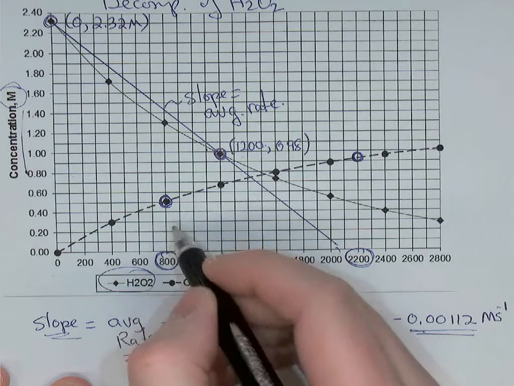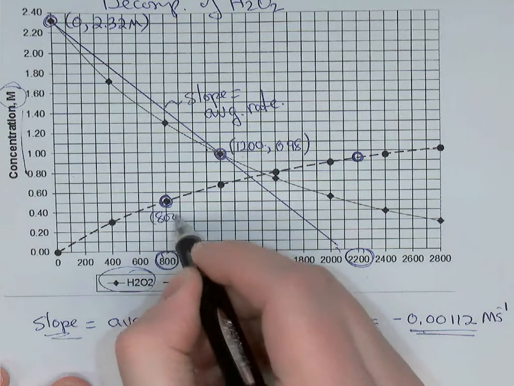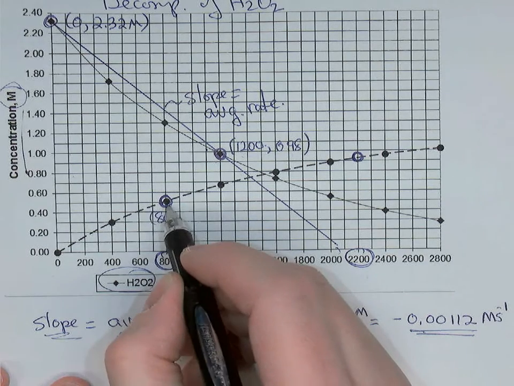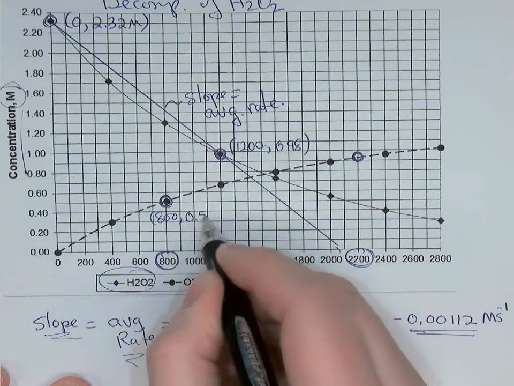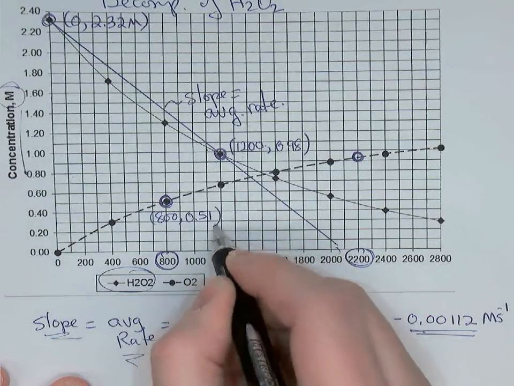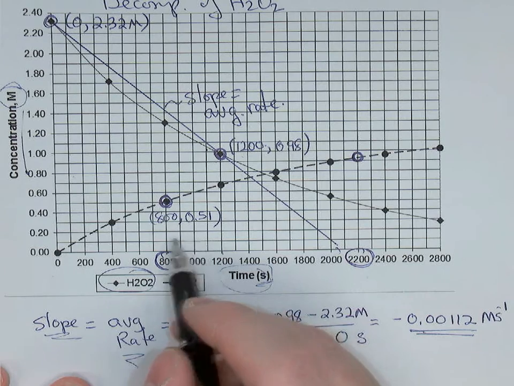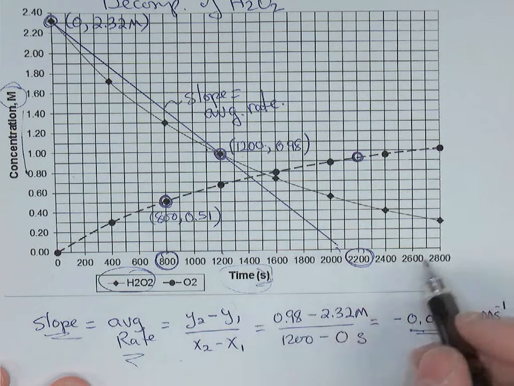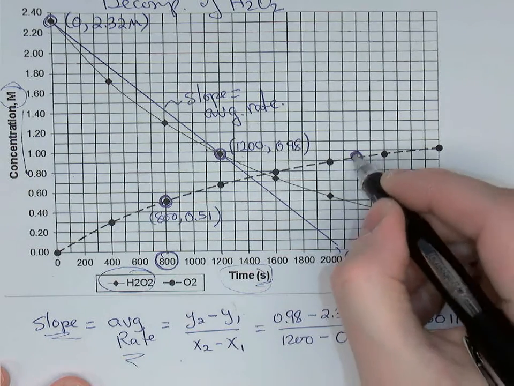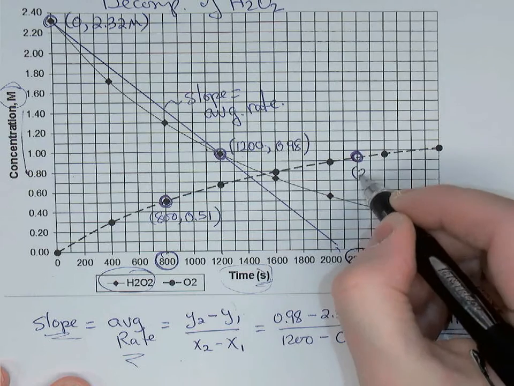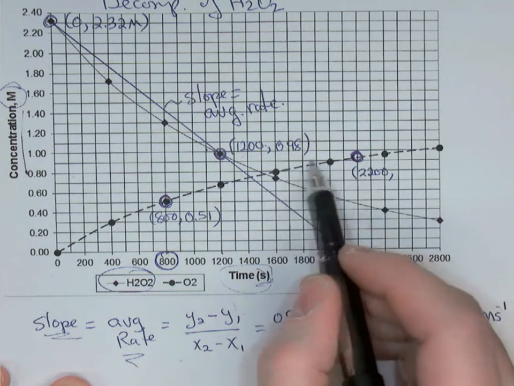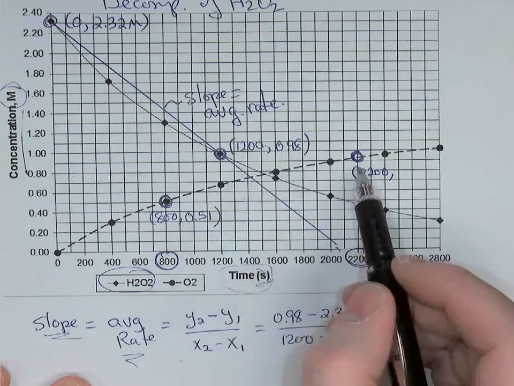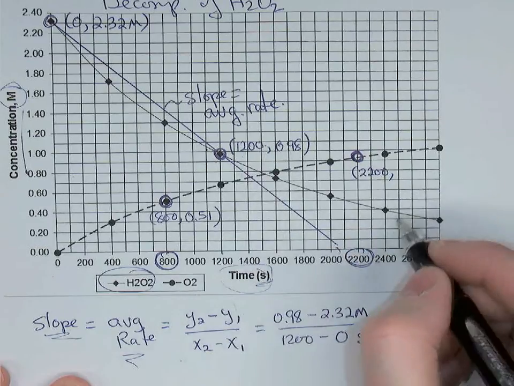This is 800, and it looks to be just slightly over 0.5, so maybe 0.51 molarity. And you can see there's going to be some error involved here because we're estimating coordinates. Over at this other point, its x-coordinate is 2200 seconds, and its y value is just a little bit over 0.9, so maybe about 0.92 or 0.93.